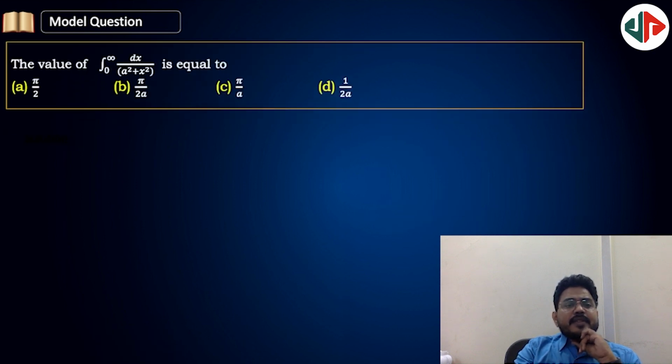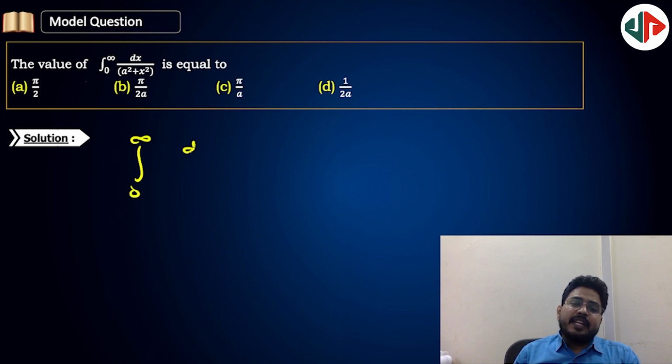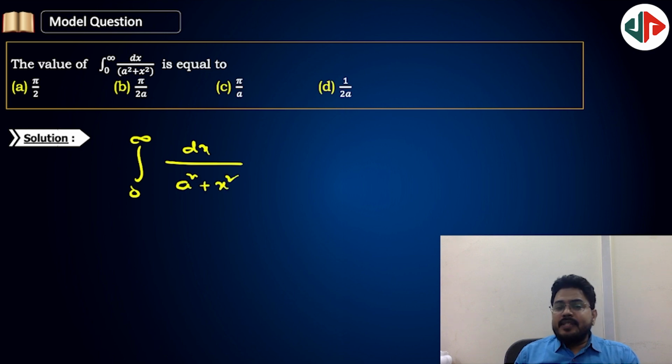Next question is the value of integral 0 to infinity dx by a square plus x square. So the best thing is x is equal to a tan theta. So dx is equal to a secant square theta d theta.